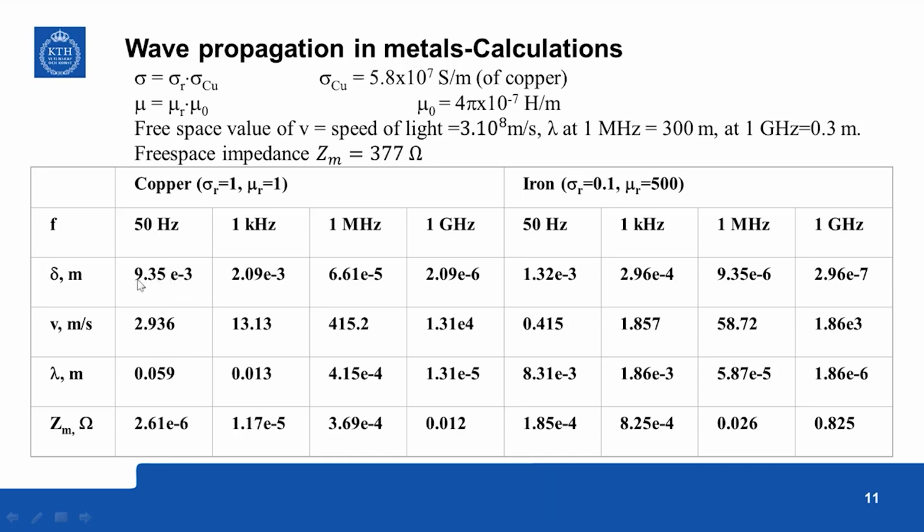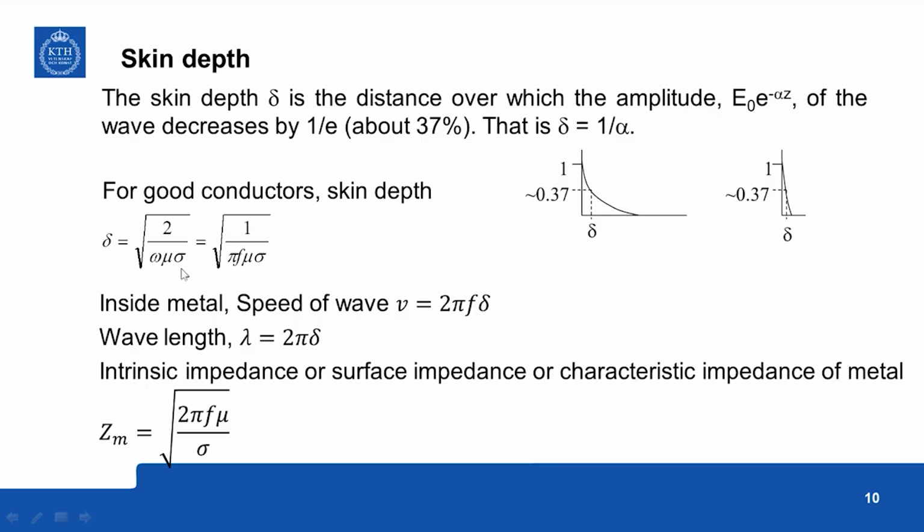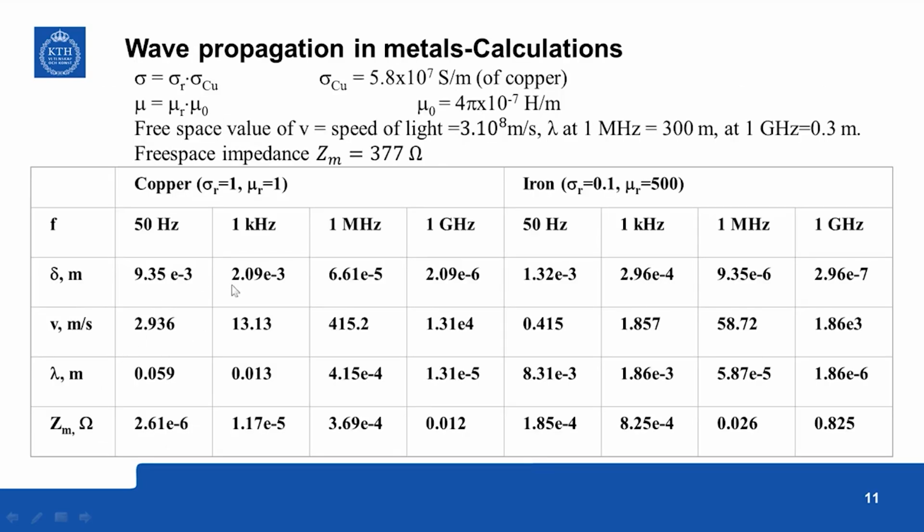At 50 hertz the wave will penetrate into iron, and within 9.35 millimeter it is reduced in value by e, that is 0.37 of the original value.